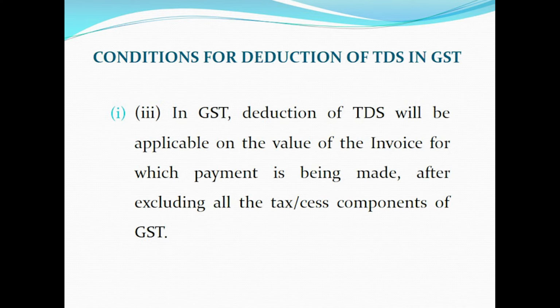The third important condition is that in GST, the deduction of TDS will be applicable on the value of the invoice for which the payment is made, after excluding all the different taxes or the cess which form the components of GST.